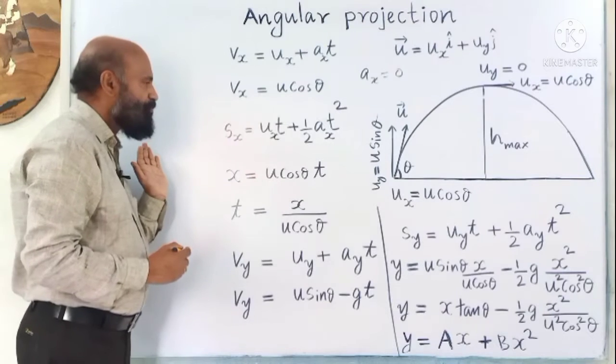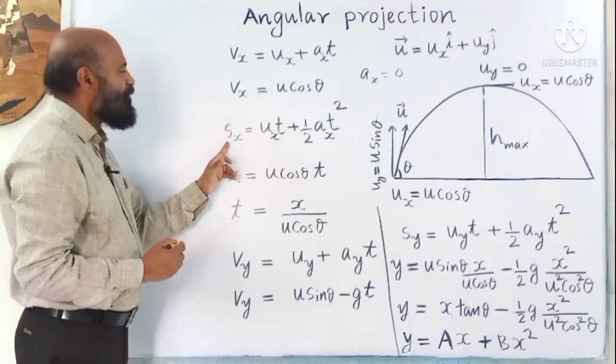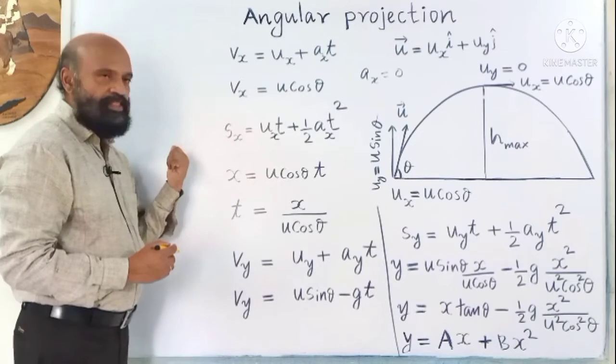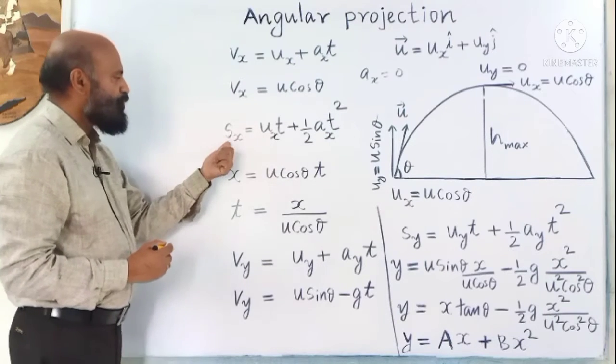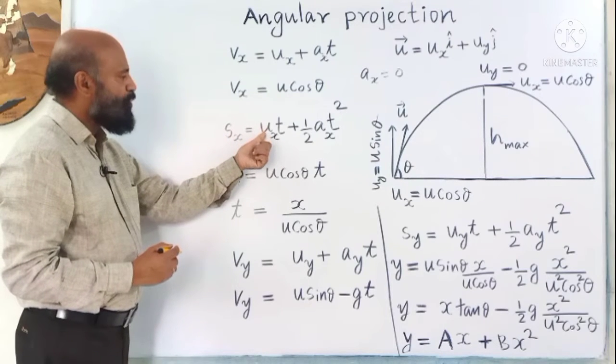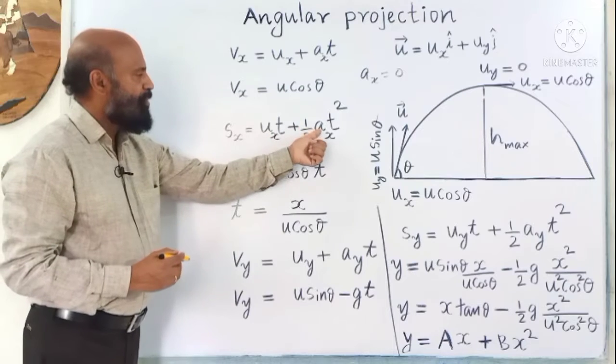Displacement along the horizontal direction, s is equal to ut plus half at square. Since it is along the horizontal direction, instead of s you can write sx, instead of u you can write ux, then ax.